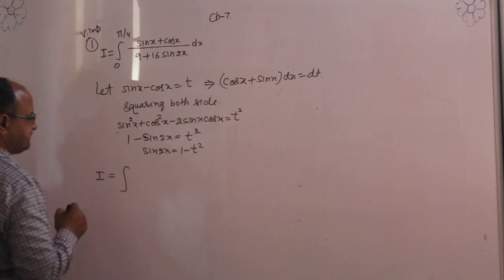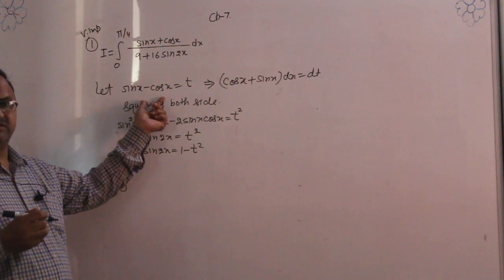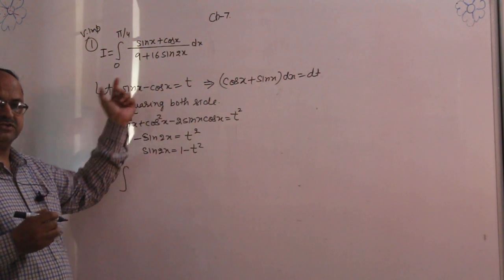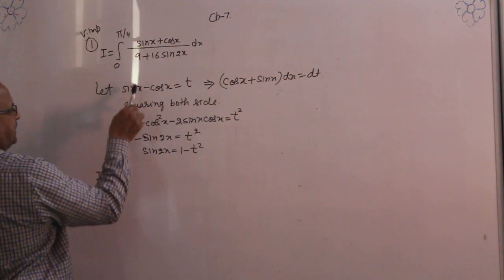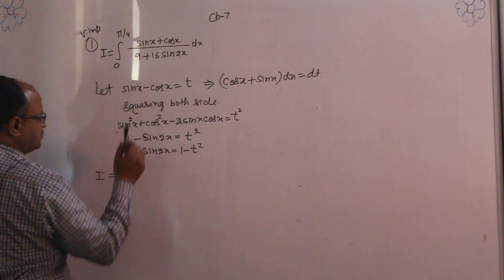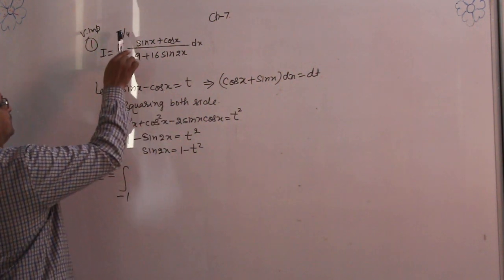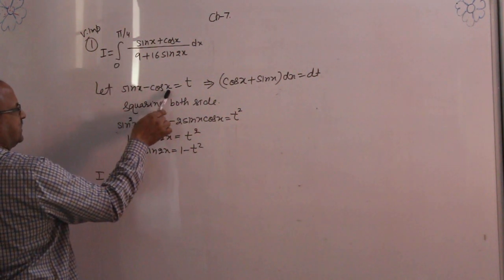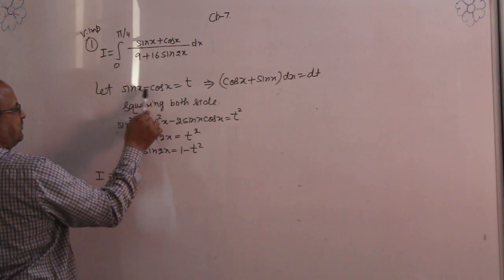Now put the integration limit. You know that if we substitute in the question, then the limit also changes. First put 0 here: sin 0 is 0, cos 0 is 1, so minus 1. When you put pi by 4, sin pi by 4 and cos pi by 4 both have the value 1 by root 2, therefore 0.